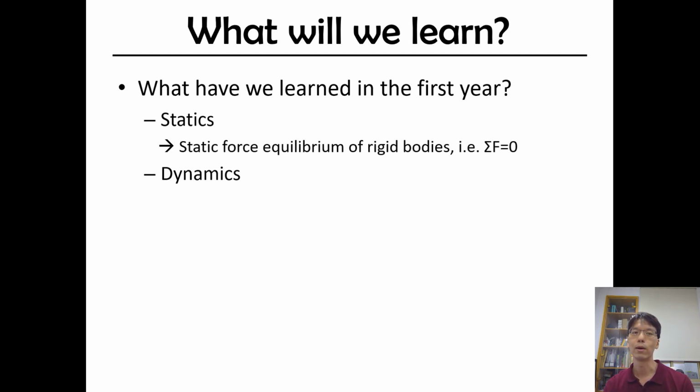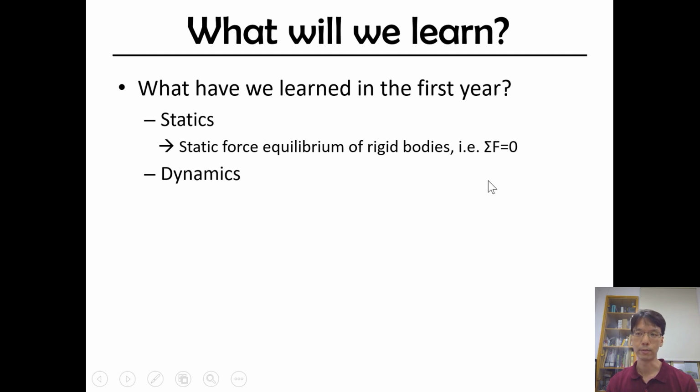To summarize what we have learned in statics, I would like to summarize it with one equation, which is summation of the force equals 0. Basically in the course statics, you learned the free body diagram.